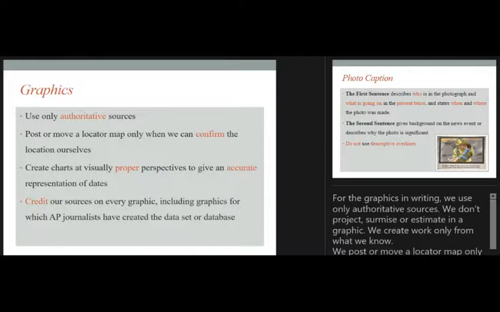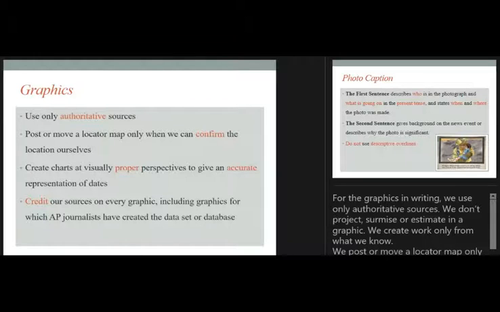Graphics. For the graphics in writing, we use only authoritative sources. We don't project, surmise, or estimate in a graphic. We create work only from what we know. And we post or move a locator map only when we can confirm the location ourselves. And we create charts in proper perspectives to give an accurate representation of data.